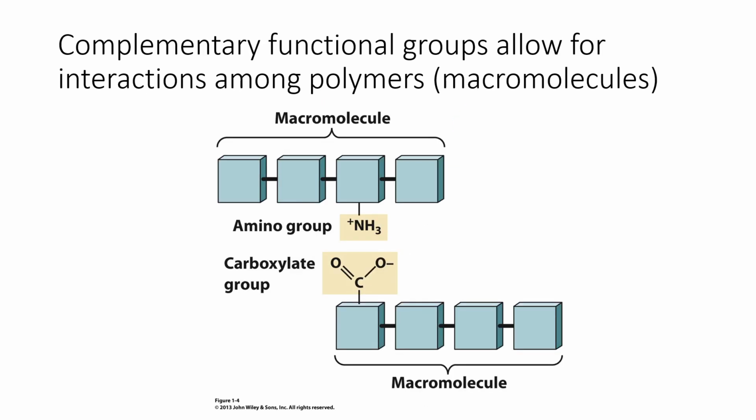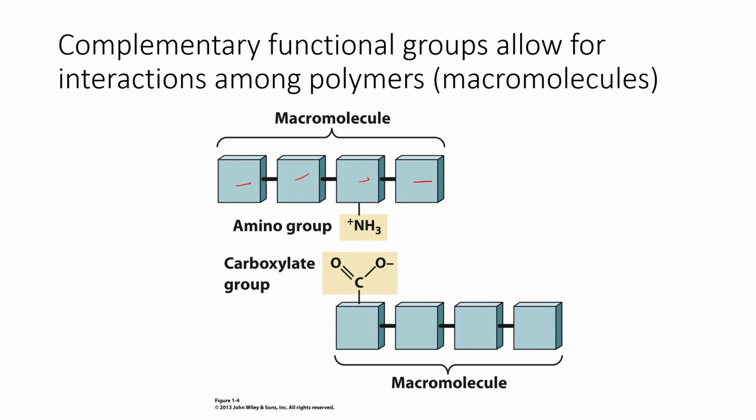So once we have polymers, which are macromolecules made of a number of different monomers, like you see here, it's often important that they're able to interact with other polymers that are in a similar location. The way that polymers are able to do that is with the interactions of complementary functional groups.